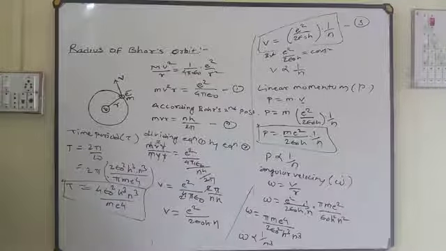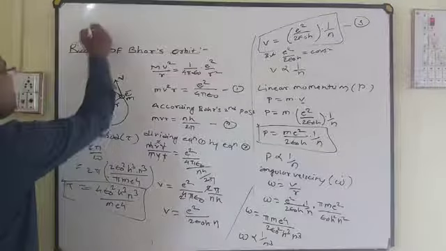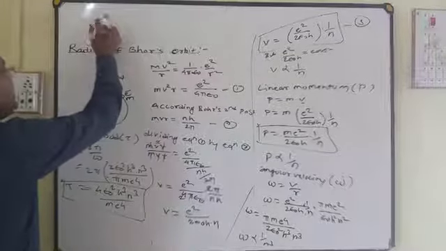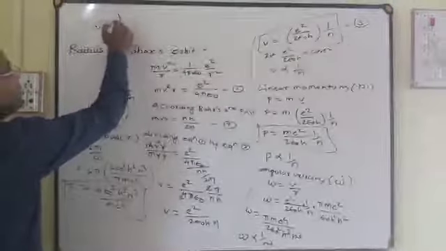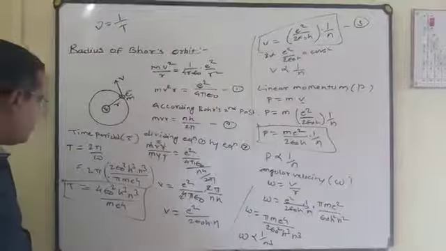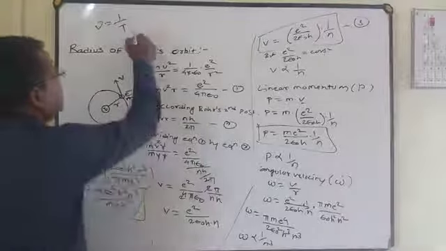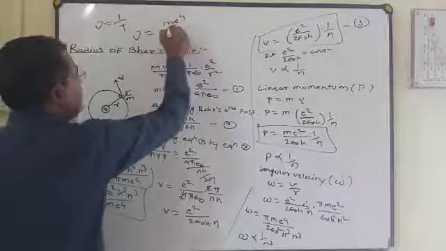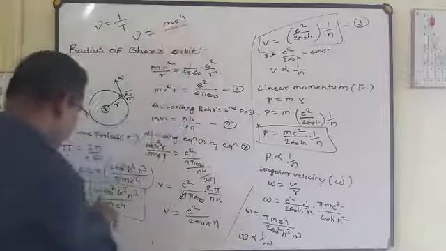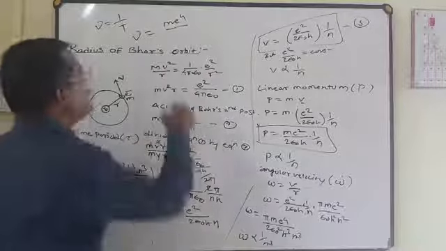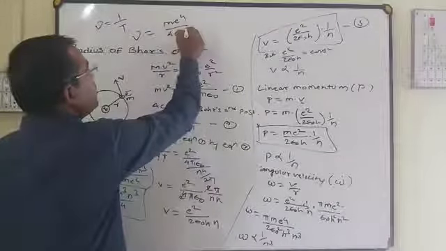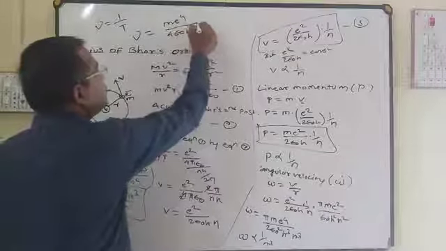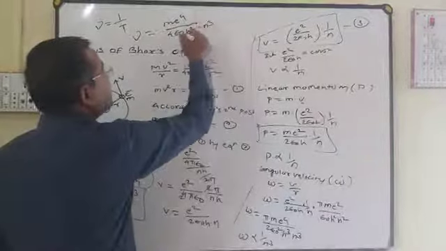Now we can also find out the frequency of the revolving electron. It is nothing but the reciprocal of the time period, nu = 1 upon T. So it becomes nu = m e⁴ divided by 4 epsilon naught² h³ n³.